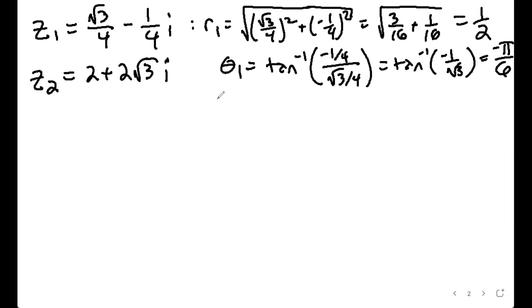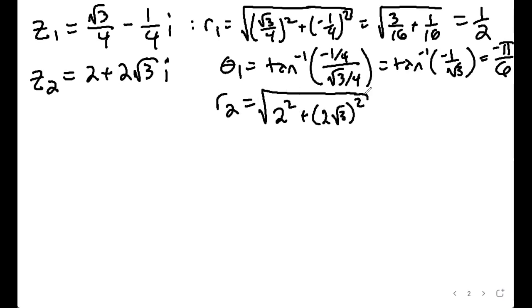And then we also need to do R2 and theta 2 for Z2. So R2 is going to be square root of 2 squared plus (2 square root 3) squared. So that's going to be square root of 4 plus 12, so square root of 16 is 4.